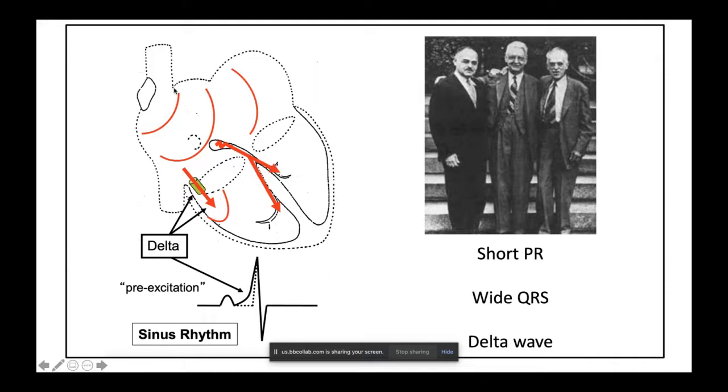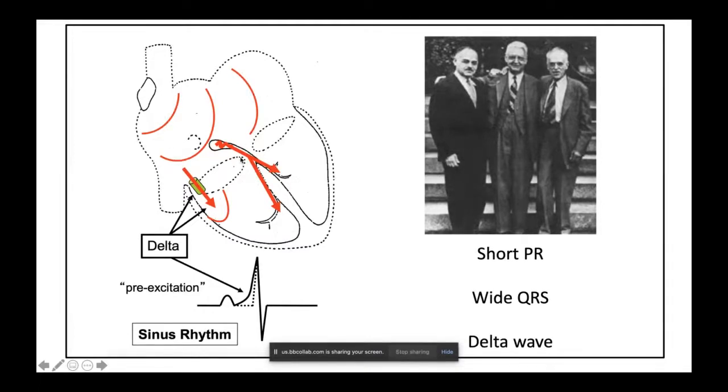So when such a patient who has WPW goes into atrial fibrillation, meaning the atrium is going at 300 beats a minute, all of those beats can go down this accessory pathway. And because at baseline the QRS looks wide, this is going to look like a wide QRS tachycardia. The R to Rs will be irregular because AFib is usually an irregularly irregular rhythm.